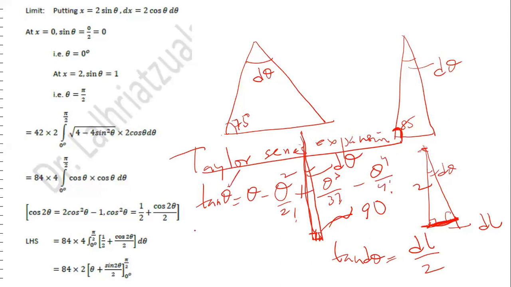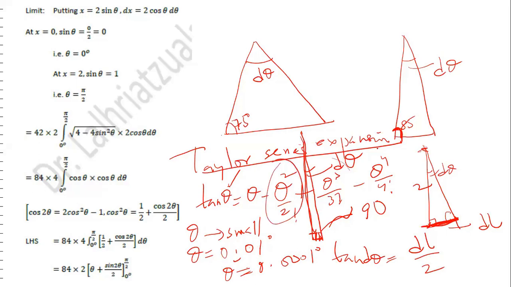So if this angle theta is small, this is very small. Let's say your theta is 0.01 degree. If your theta is 0.01 degree, what is theta square? Theta square will be 0.0001 degree, right? So if you take theta to be very small, the higher order terms, theta square, theta cube, theta 4 terms, will become very, very small.